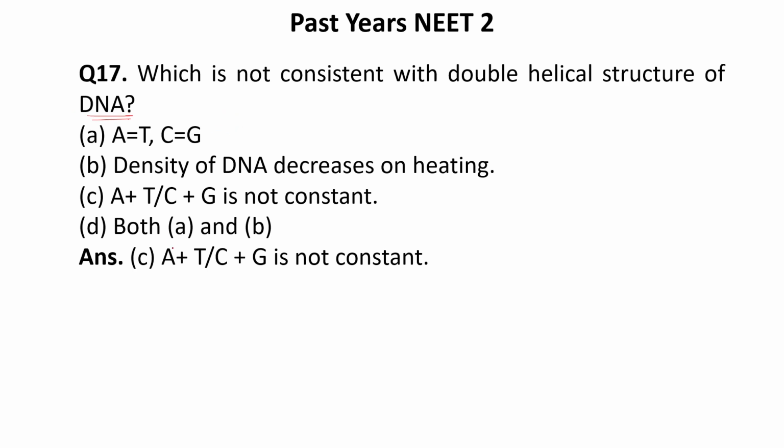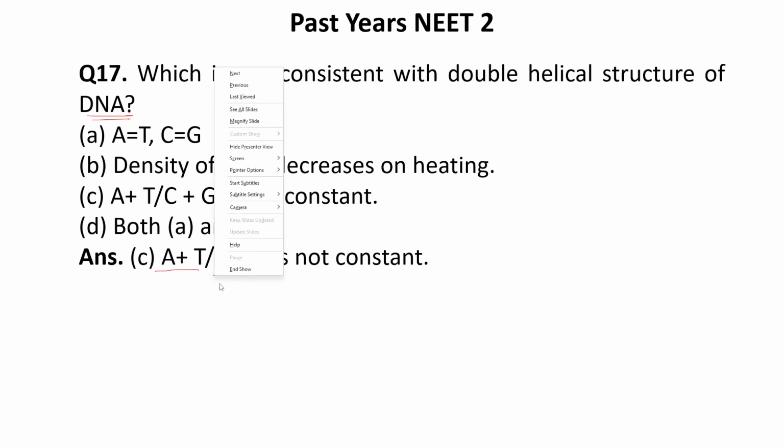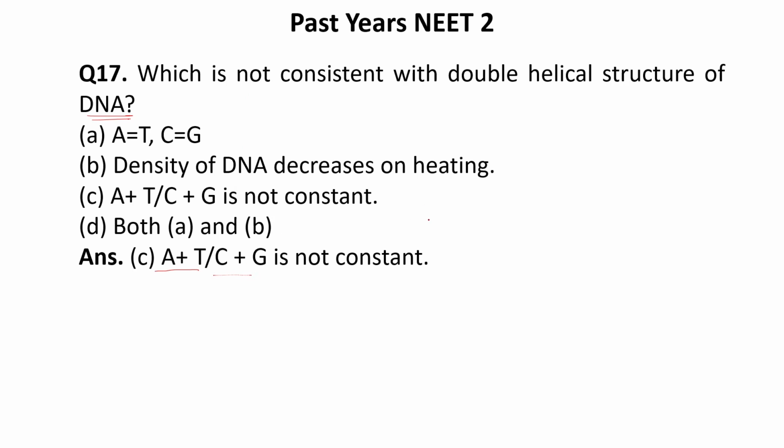So A plus T upon C plus G. I'm just taking one example. If A is 20% in a DNA sample, then T will also be 20% because A always pairs with T, right?